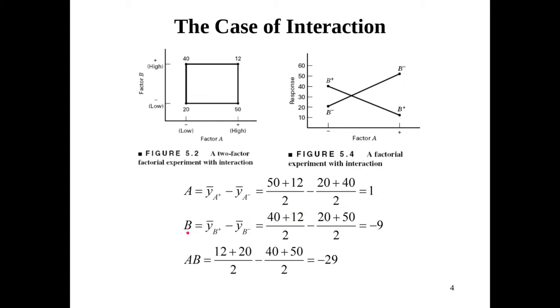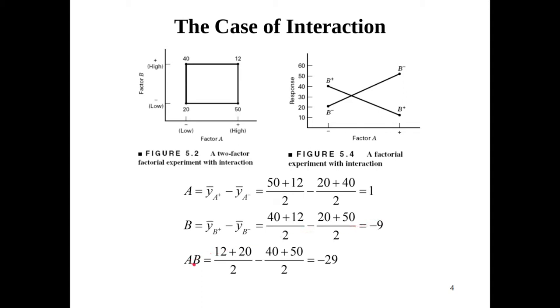Then the effect of factor B, average of this side minus average of this side, is actually -9 in this case. That means when you move from low value of factor B to high value of factor B, your response value actually decreases, -9. So the negative magnitude is high as compared to the effect of factor A, and the direction is negative.